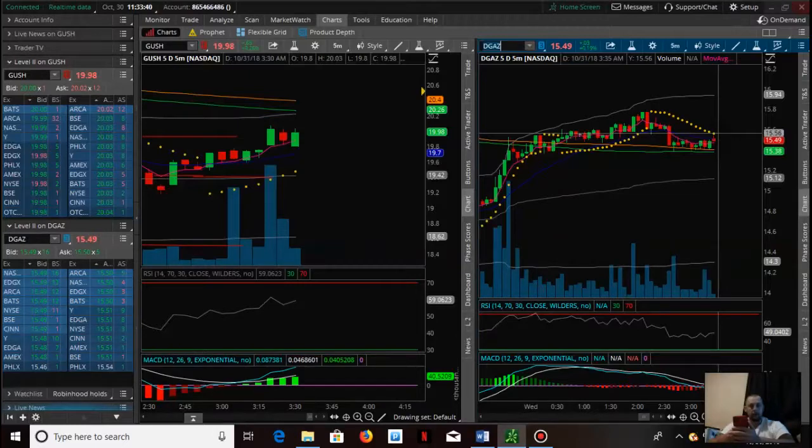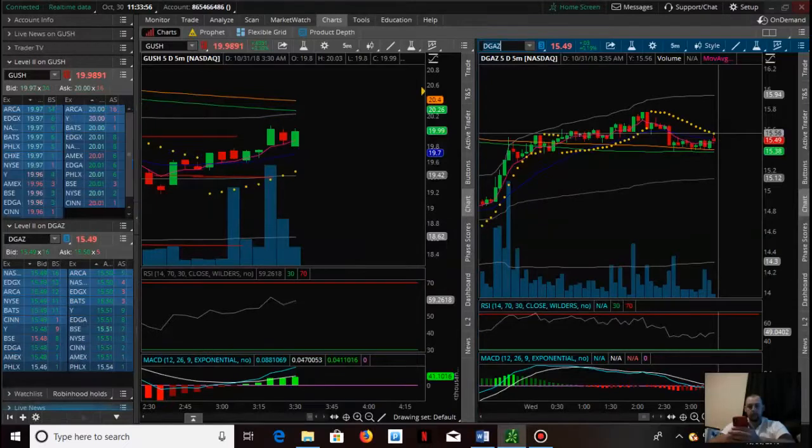I'm probably going to get a big position on the $20 mark. I think the $20 mark is a really important mark. So I'm taking a big position on Gush and 20. I think it's going to hopefully hit 20 and break up.